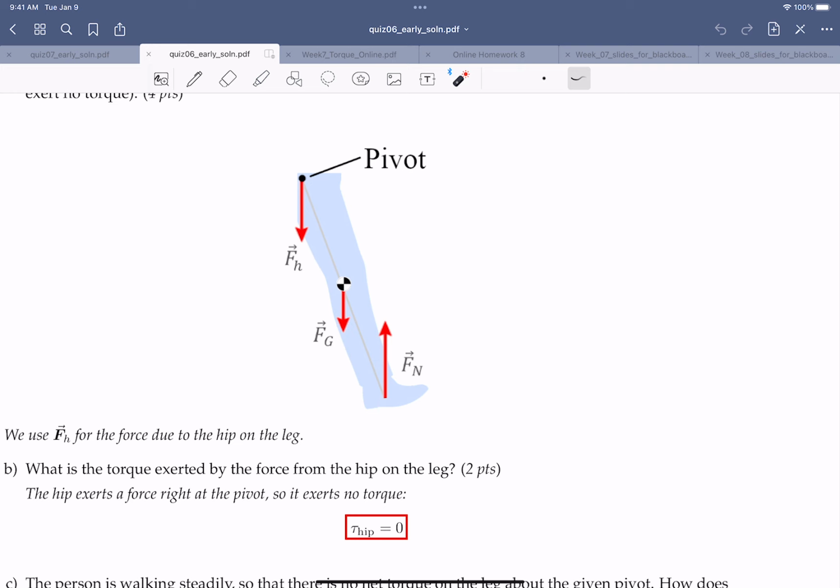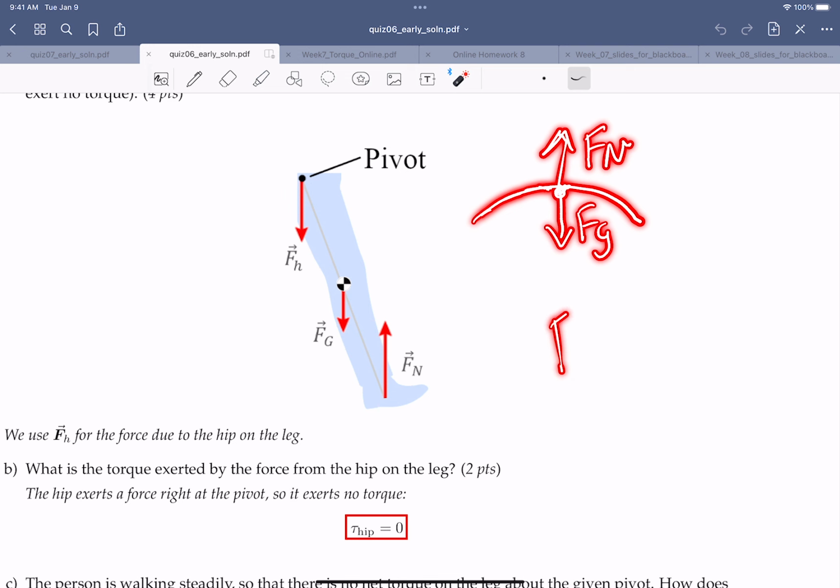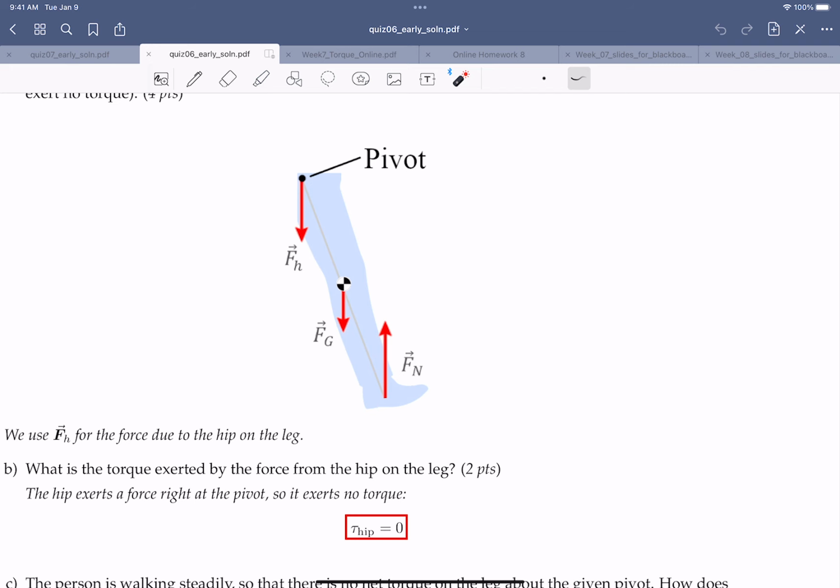You remember that? Because when you're walking, you walk in a circular type motion, and so there's gravity, and you have normal force like this, right? So it's Fn minus Fg, and that's equal to m a_c basically.